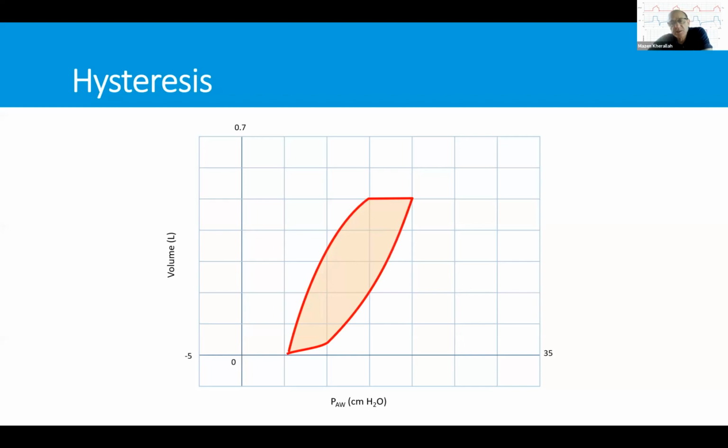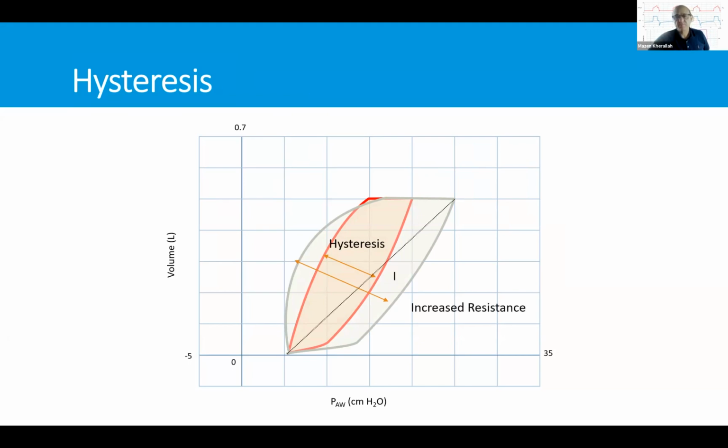As I mentioned, there's a difference between the curve in inspiration and expiration, and this is what we call hysteresis. If you have an increased resistance, you would see that the hysteresis is even larger, especially in expiration. So in expiration, the system would actually take a longer time to exhale if you have increased resistance.